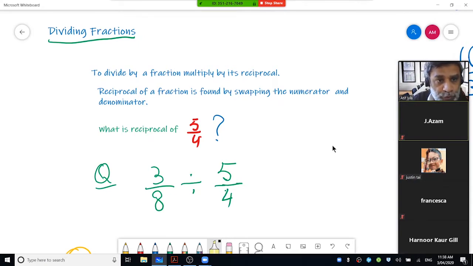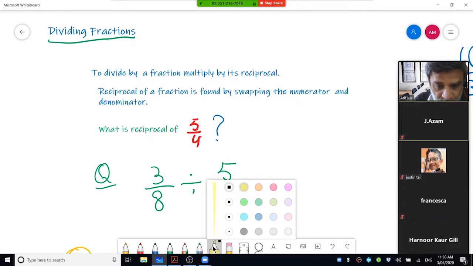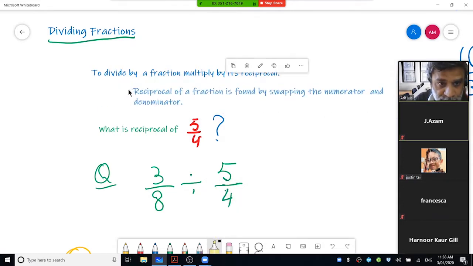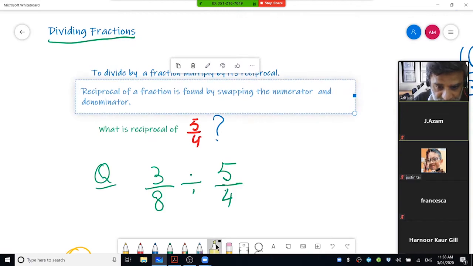Now we would do dividing fractions. How do we divide fractions? To divide a fraction, multiply by its reciprocal. What is meant by this? I would explain it. But first, what is a reciprocal?